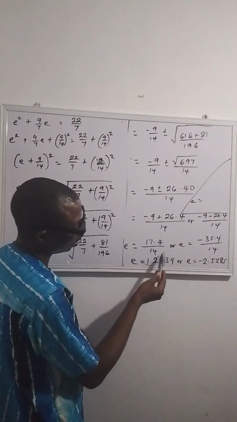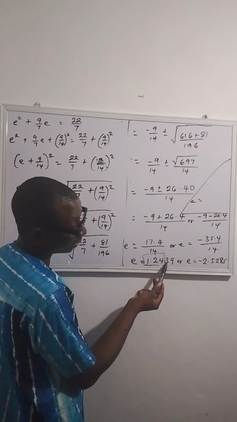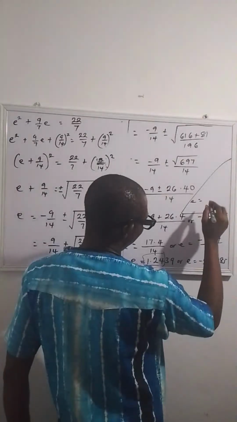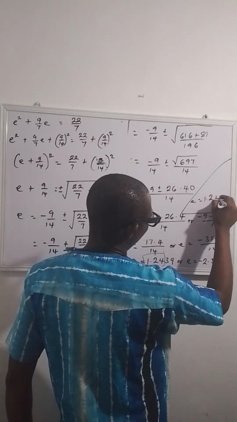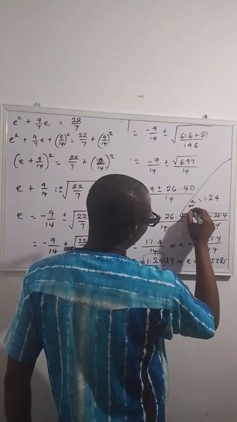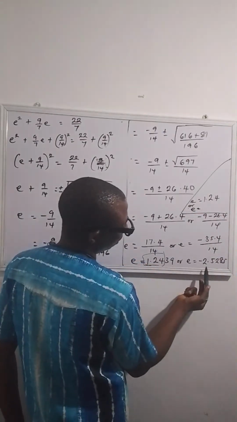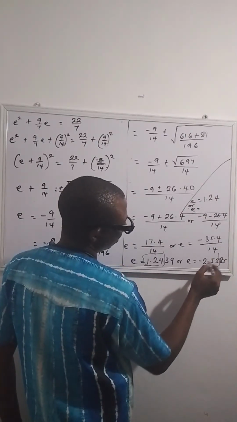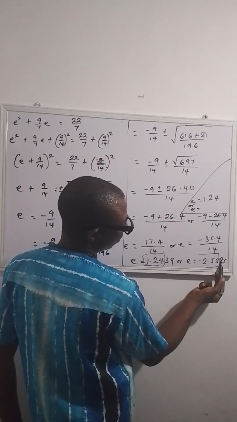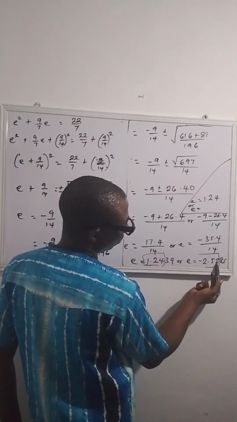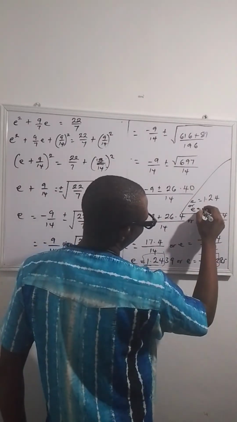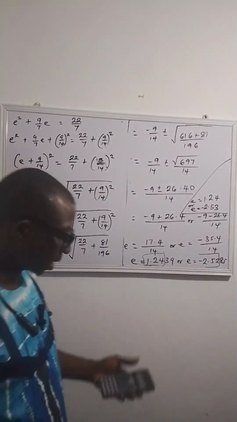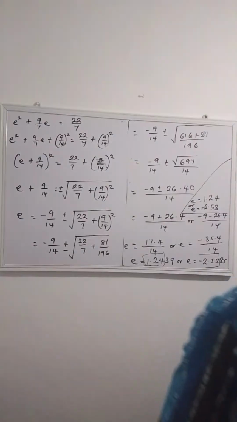So this is what you are writing. But before you write it out, you check the next digit. Is it up to 5? If it's up to 5, you add one to the previous one. So that means e equals 1.24, or e equals, now count three digits, 1, 2, 3. So this is what I'm writing, but you can see the next one is up to 5, so you approximate it by adding 1 to this. So you have minus 2.53. So these are the answers to that problem, right?